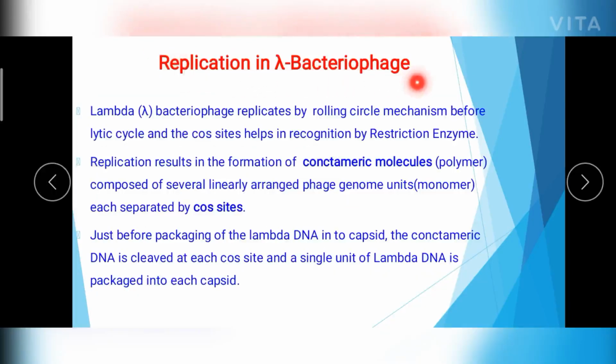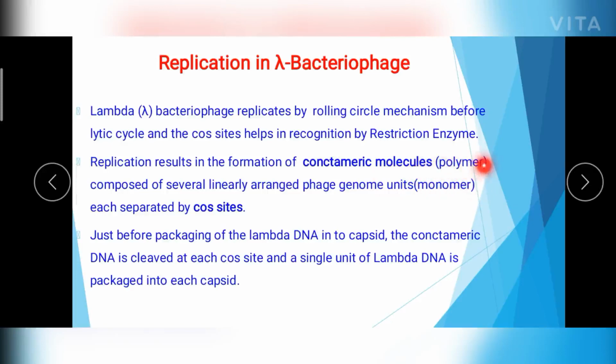Coming to the replication in lambda bacteriophage. This lambda bacteriophage replicates by the rolling circle mechanism, and these cos sites which we have discussed have internal restriction sites. The replication results in the formation of long concatameric molecules.